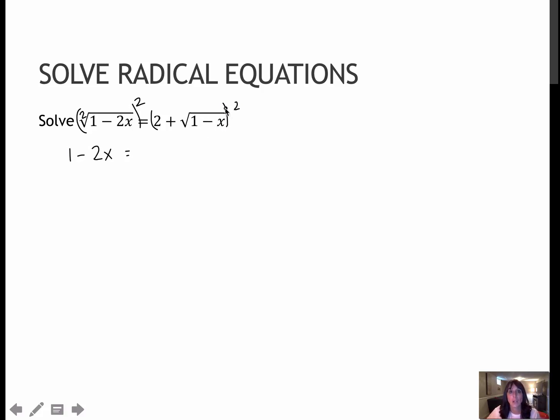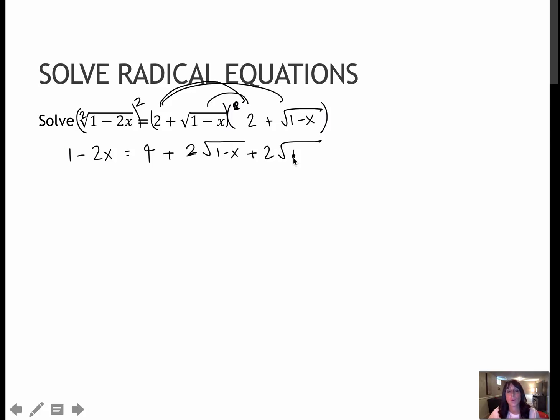On the right side, remember that this whole quantity squared essentially means that I have the same thing twice. So let's get rid of the squared and just say we've got these two binomials that I have to FOIL. In FOILing it, that gives me 4, and then plus 2 radical 1 minus x, and then plus 2 radical 1 minus x, and then plus radical 1 minus x times radical 1 minus x, which is a big mess, essentially.